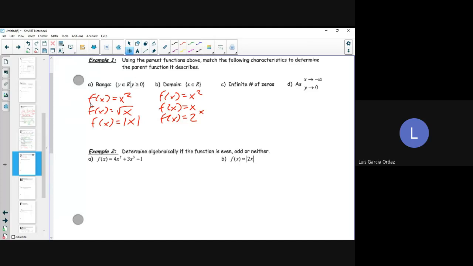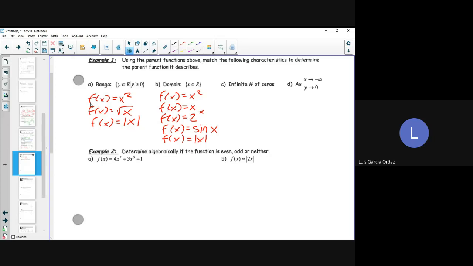Sinusoidal, sine x. I think there's one more we mentioned in the first one. Absolute value. Why can't the square root one be? Because you can't have a negative square root. A negative square root just gives you an error.